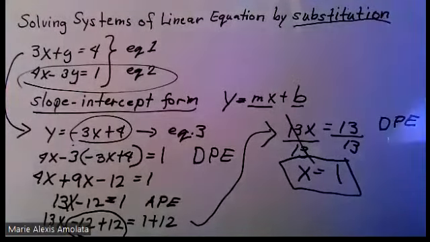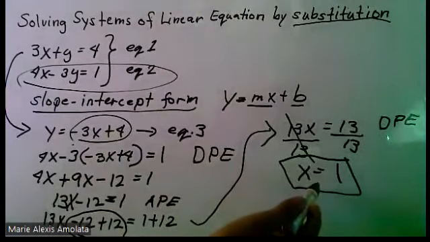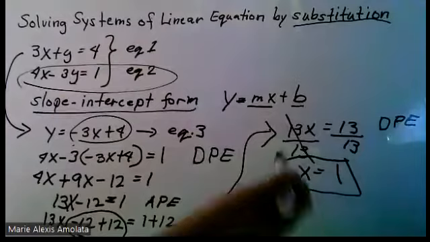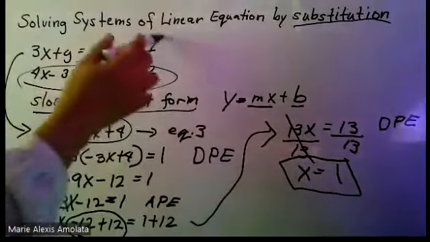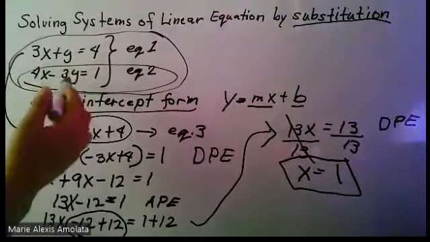So since meron na tayong value ng x, ngayon naman ay kukunin natin yung value ng y. So what we're going to do next is to substitute the value of x, which is 1, to any of these or in one of the original equations. Pipili tayo dito. Okay?